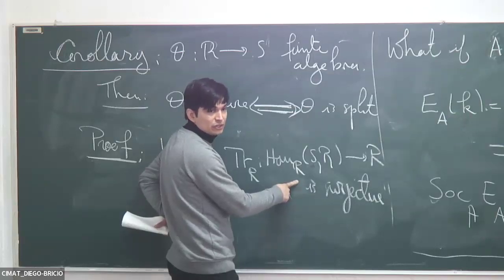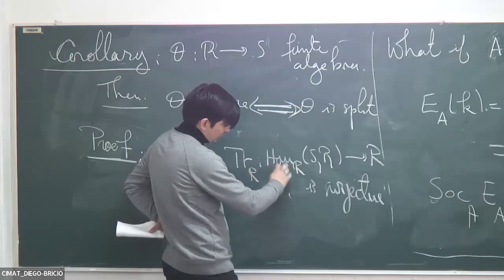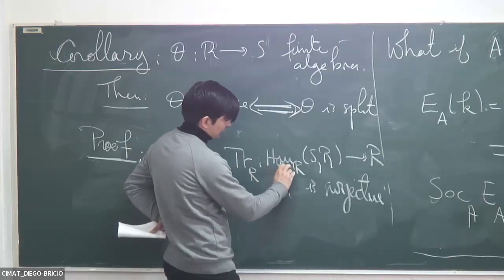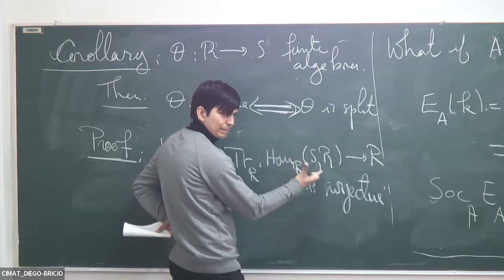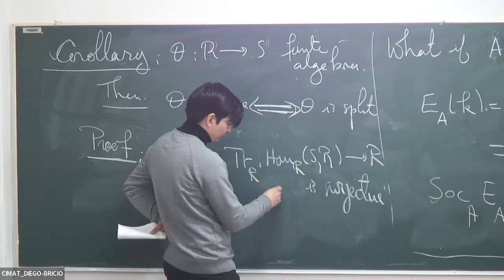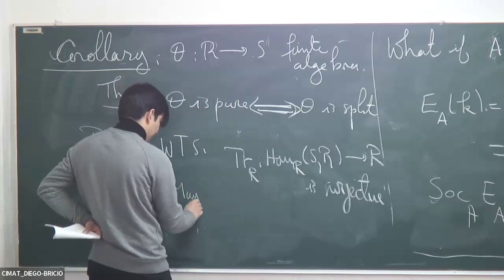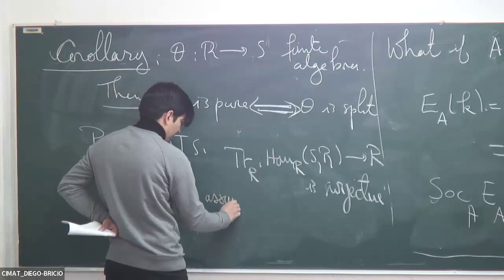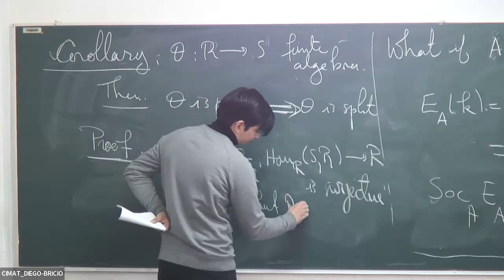We may assume that R is local, because we can localize, and localization is a flat operation, and since this is finitely generated, it's going to commute with Hom, right? So the first thing is that we may assume that R is local.